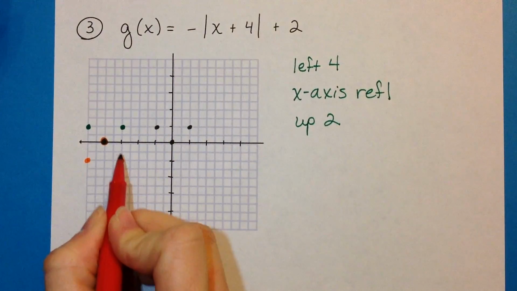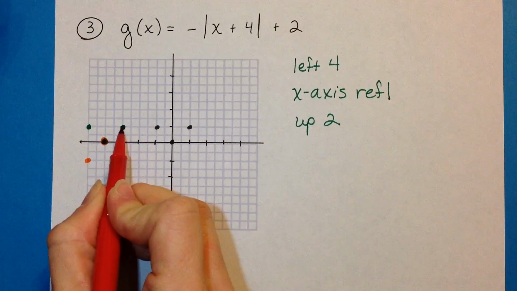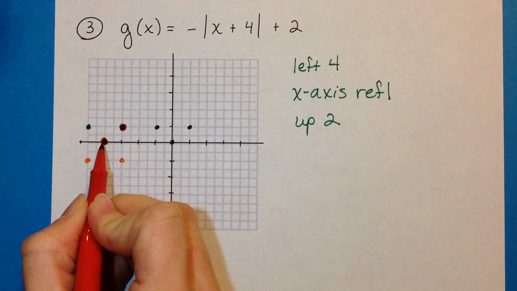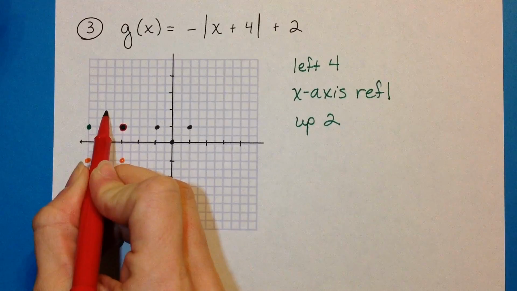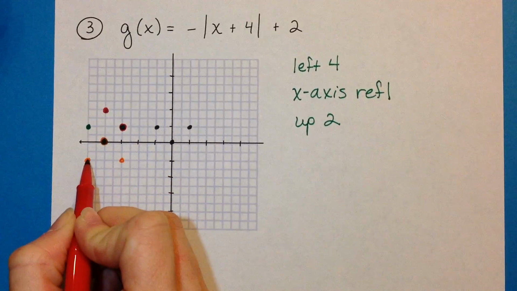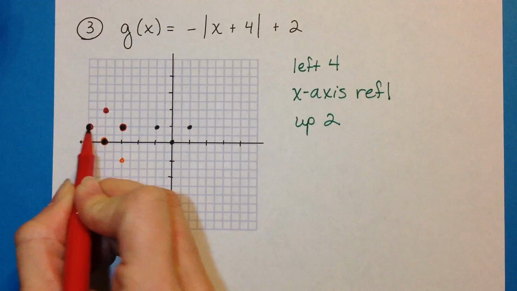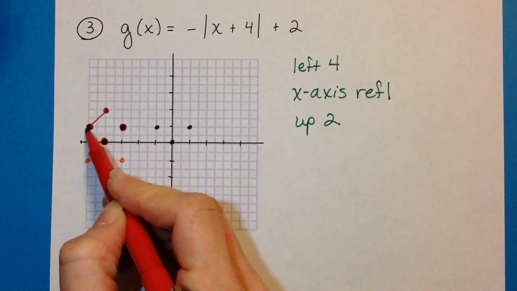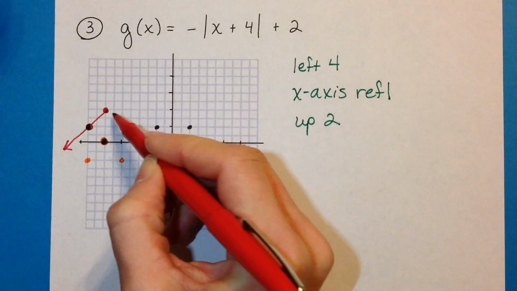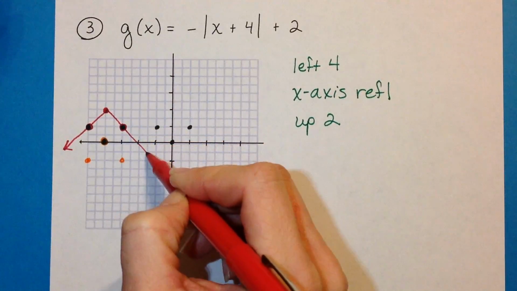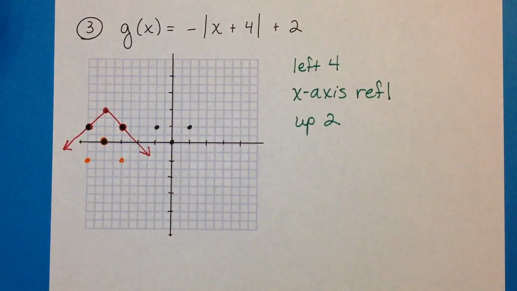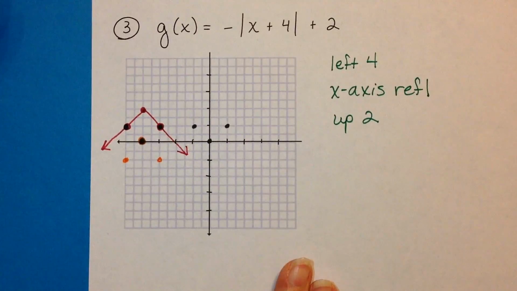Okay, so this one, 1, 2, so it actually lands right there. This one, 1, 2, and this one, 1, 2. So what happens is your V, because remember absolute value is always V-shaped, your V is going to end up upside down because of the x-axis reflection.